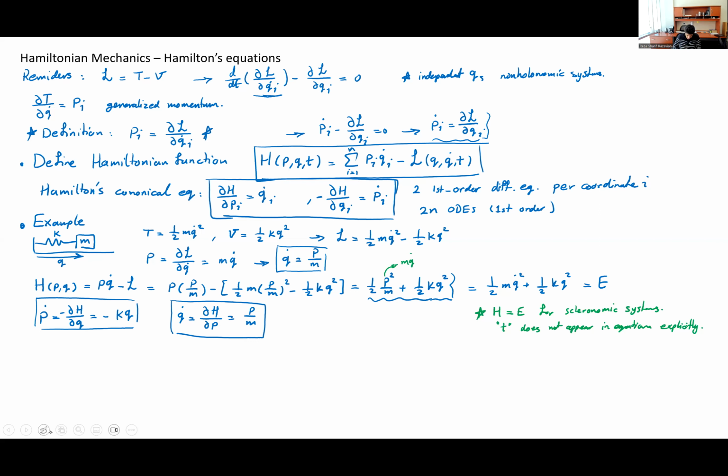So that is that. Again, noting that instead of a second order equation of motion, now we have two first order equations of motion.